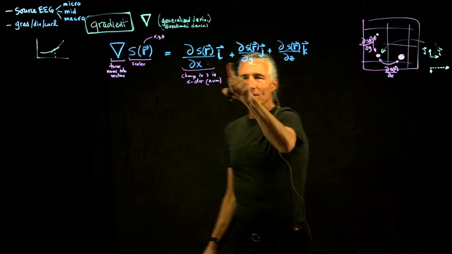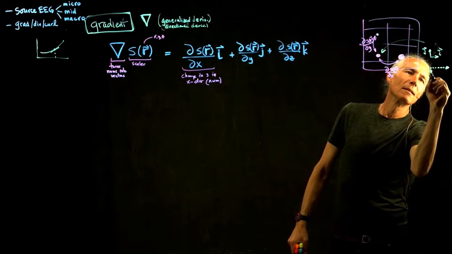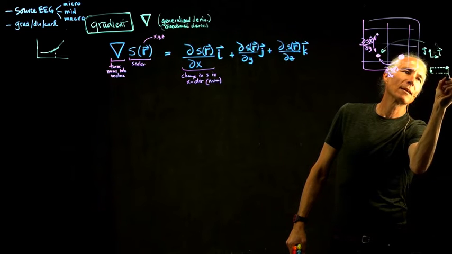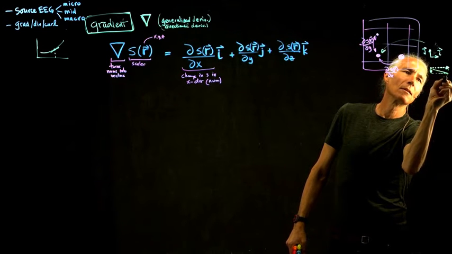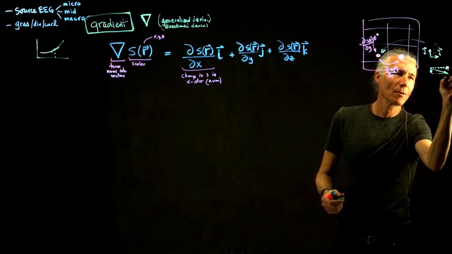And then we just do a vector sum. And so when we do the vector sum, tip to tail, we get this vector. So that vector is our gradient.